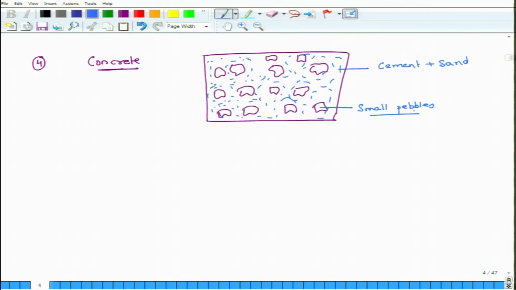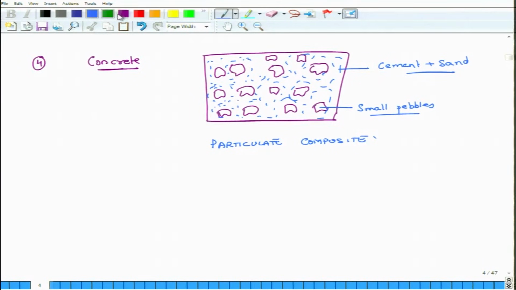So, cement plus sand makes the matrix, and it binds all these small pebbles together. And this is one example of a man-made composite. Once again this is not a fibrous composite, but it is a particulate composite.